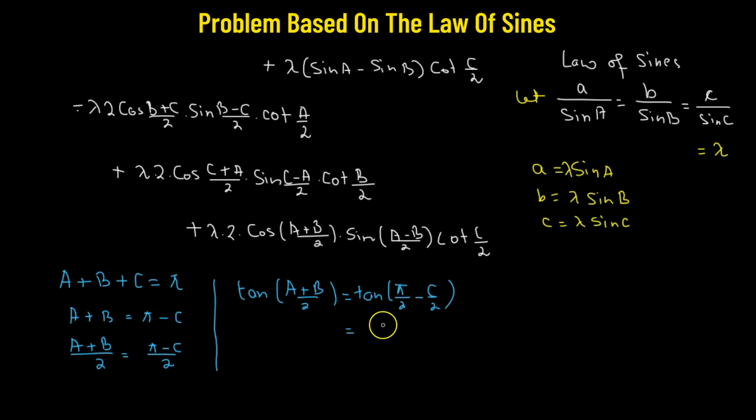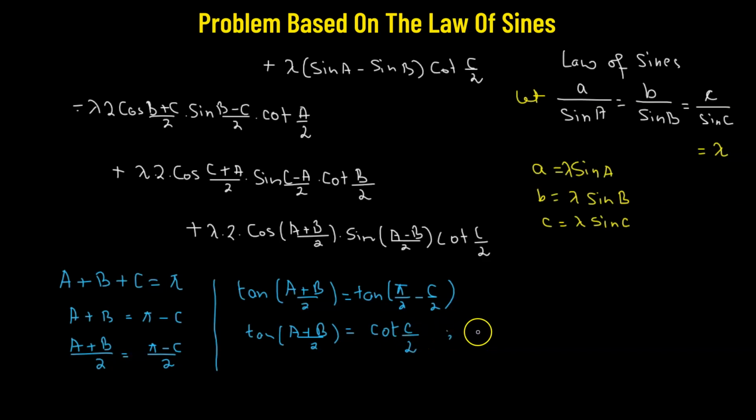Here we have an odd multiple of pi over 2, so tangent must change to cotangent. We have the new angle C over 2, and this is the first quadrant. In the first quadrant, all trig functions are positive, meaning tangent of A plus B over 2 is equivalent to cotangent of C over 2.